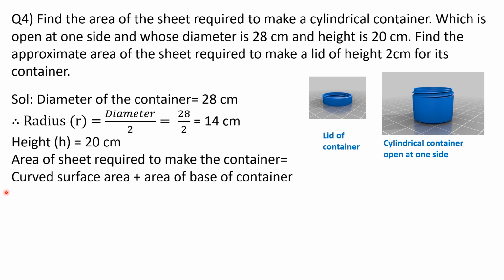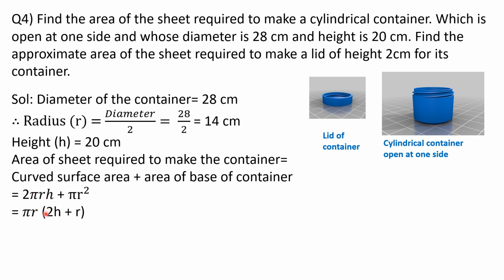So you'll put the formula: curved surface area, that is 2 pi rh, plus area of base, pi r square. Now student, if you see 2 pi rh and pi r square, what is common? Pi is common and one radius is also common. So I have taken pi r in bracket.